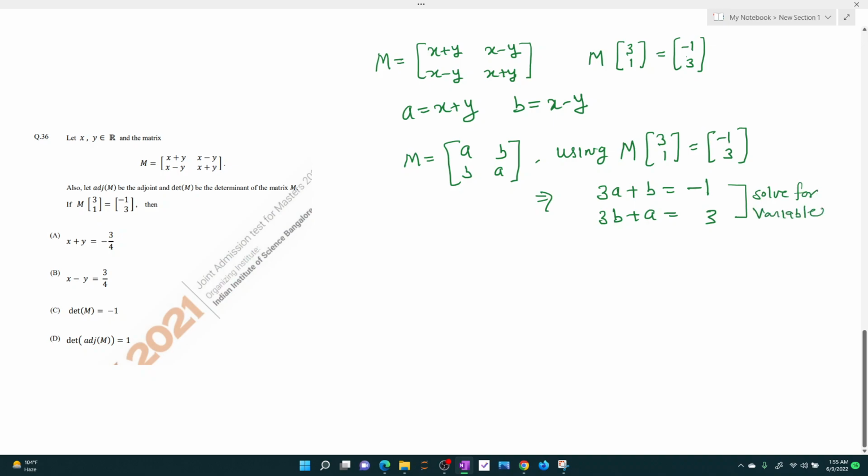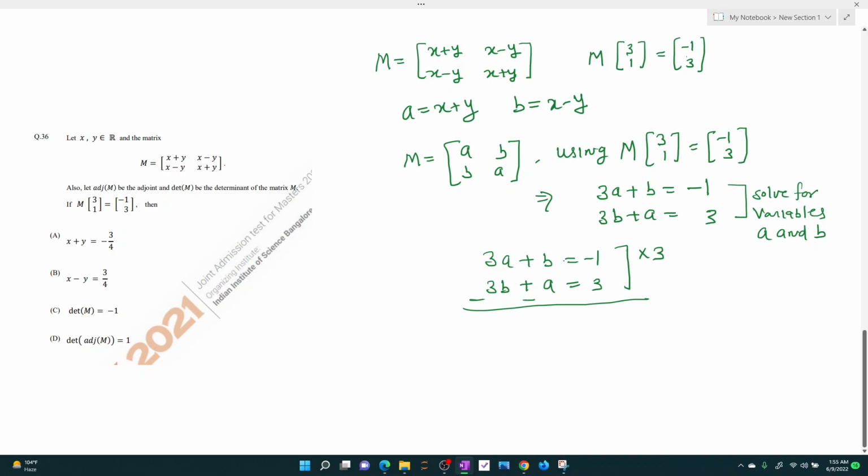Now a and b will behave like variables here. So I can multiply the first equation by 3 and then do the subtraction, right?